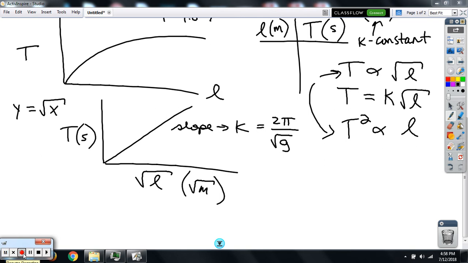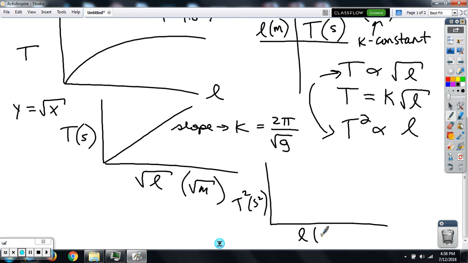If we plotted instead t squared, with units of seconds squared, and then L in meters, you would definitely still get a straight line, because these two relationships tell the same story, but the constant of proportionality is no longer k, it would be k squared. That follows from this form. If I want to get rid of this square root, I have to square everything, so k gets squared. So what I get for k would be 4 pi squared over g.